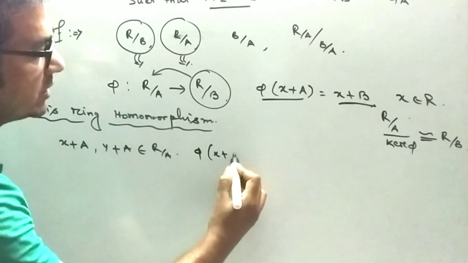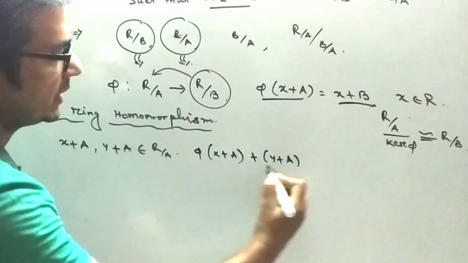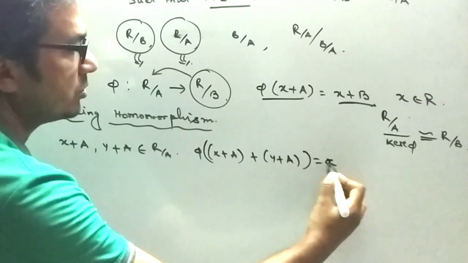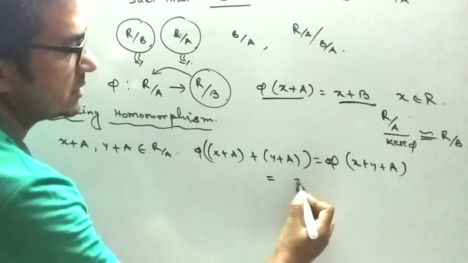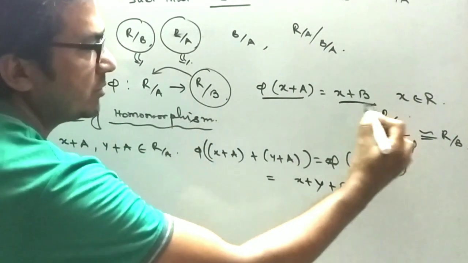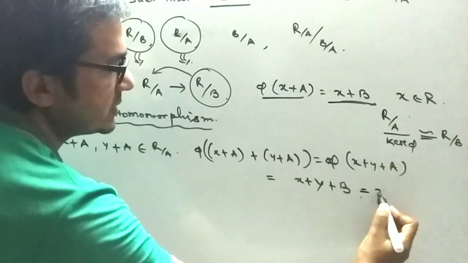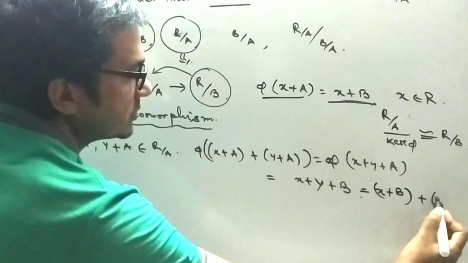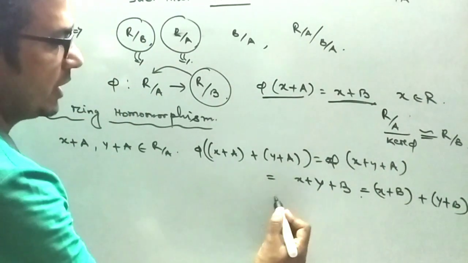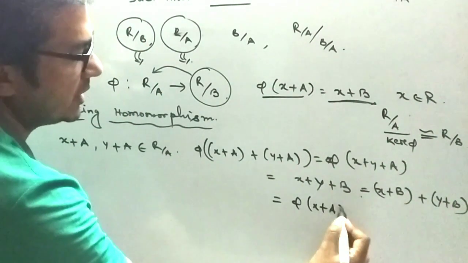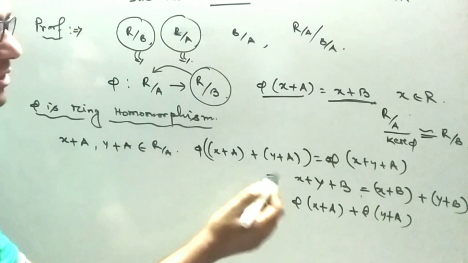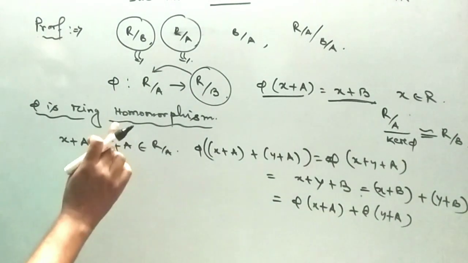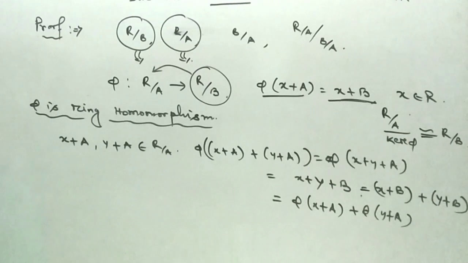Now phi of (x plus A) plus (y plus A) equals phi of (x plus y) plus A, and this is (x plus y) plus B by the definition, and this is (x plus B) plus (y plus B), and this is phi of x plus A plus phi of y plus A. And this shows the preservation of the additive condition.